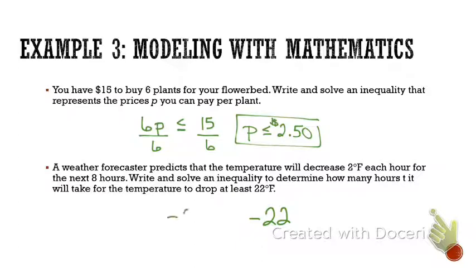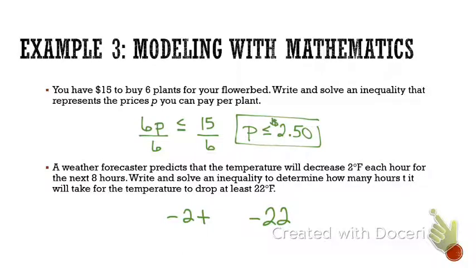So this is where you really have to pay attention, and the problem will give you clues if these values are supposed to be negative. Again, I don't know how many hours it's going to take, so that's why the T is connected to the -2. If it drops for 5 hours, then I know how many degrees it drops, because I would multiply it.